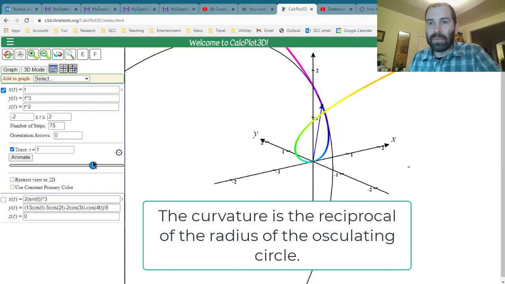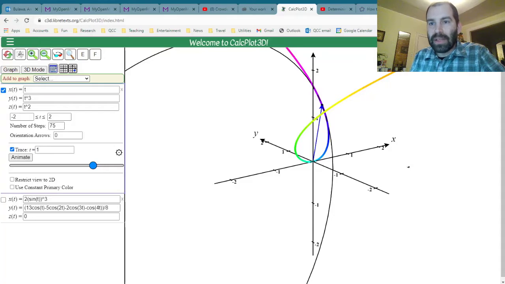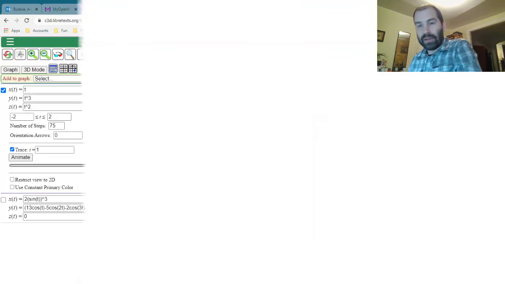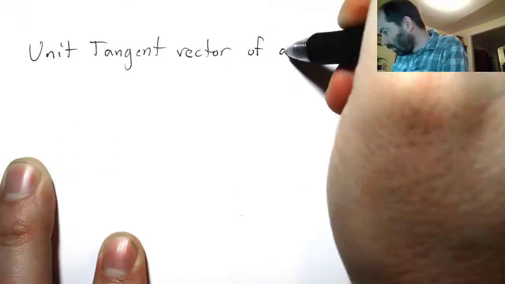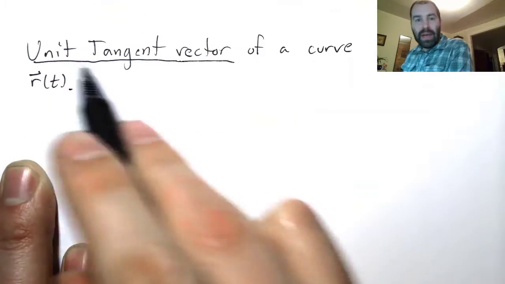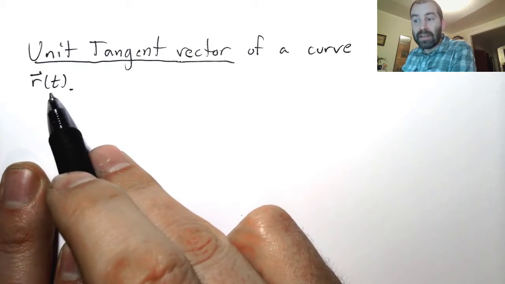So what we do to compute curvature is we find the circle, we compute its radius, take 1 over that, and that's the curvature right there. But let's find out how to do this mathematically so that we can do it using a little bit of calculus. Okay, so what we're going to do is we're first going to start by talking about something called the unit tangent vector of a curve r of t.